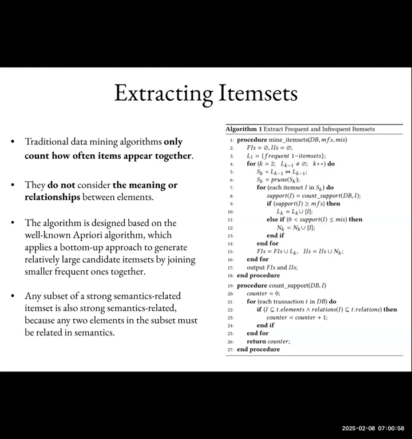And maximum infrequency support is how rare an item set must be to be considered infrequent. If a function pair appears often, it's frequent. If it rarely appears, then it's infrequent, right? So the algorithm then categorizes the function pairs based on these MFS and MAS thresholds.